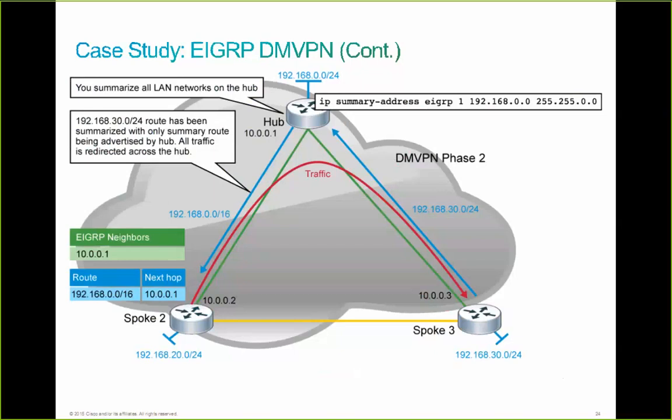So I guess the next question would be, is it possible to summarize all of the networks that are advertised by the spokes, but still allow for optimal routing through the DMVPN cloud? I'm guessing that's probably something that we can do. That's why we're bringing it up, right? Obviously. All right.